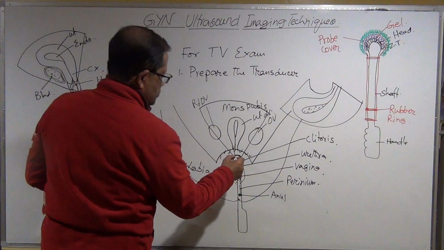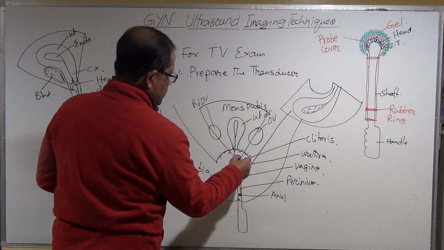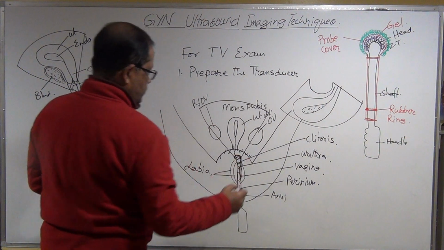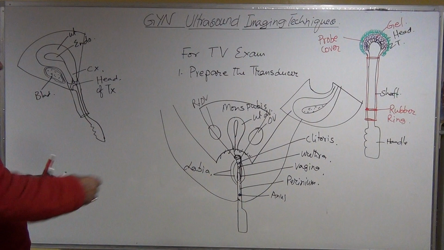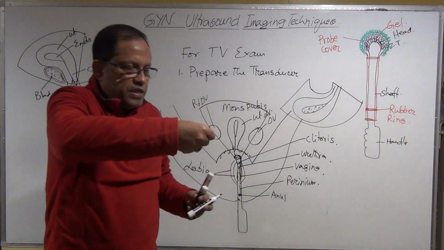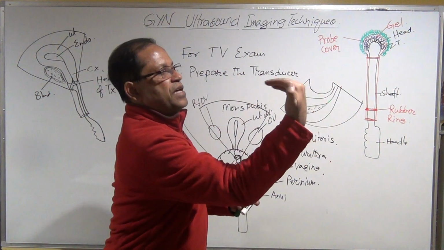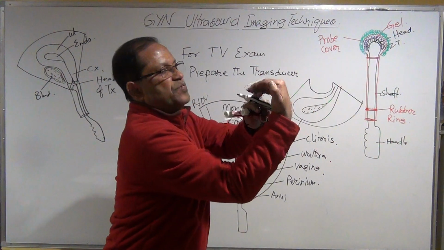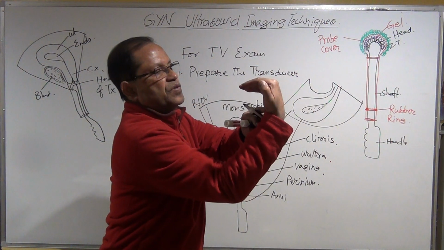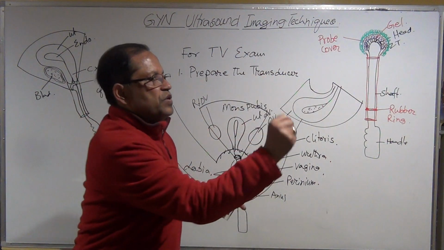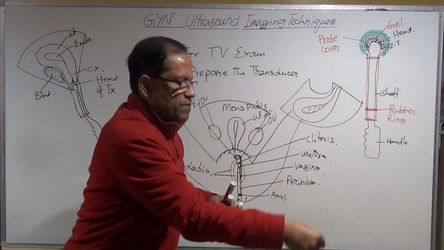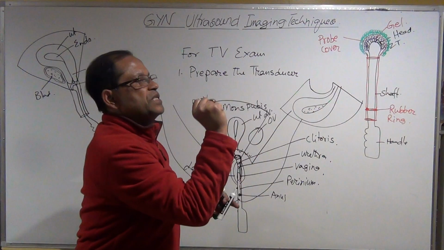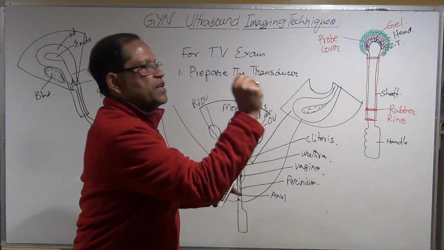Okay, so this is the transducer head. And imagine the uterus is like this. This is the fundus, this is the body, and this is the cervix. So if you scan like this, then automatically you can see the fundus, body, and cervix.